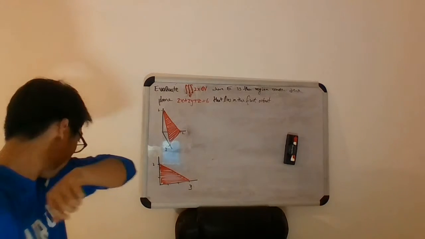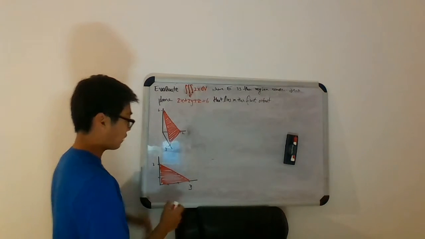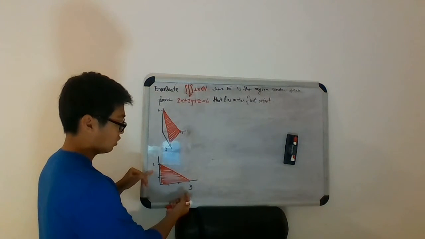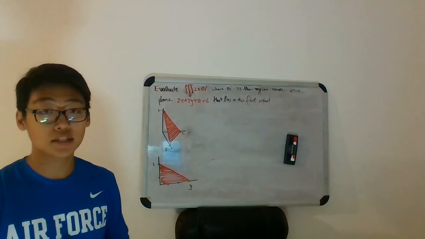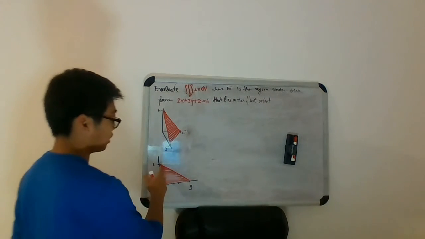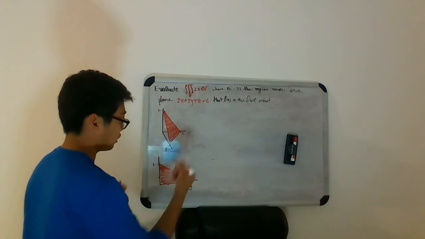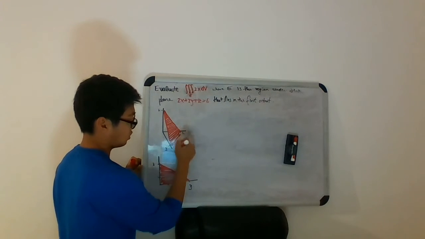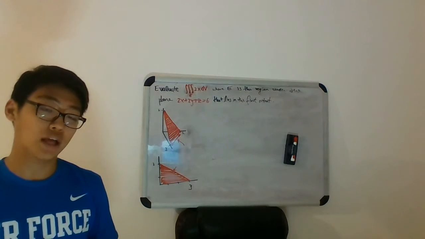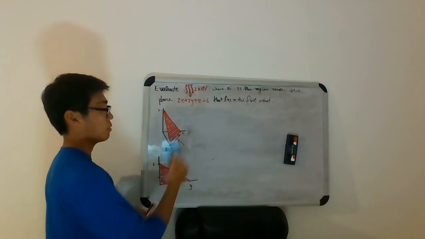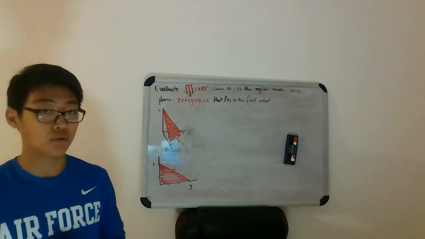And so to find the limits of integration for the x and y axes, you can find the equation for this line and use that to set up the upper and lower bounds for the integrals.